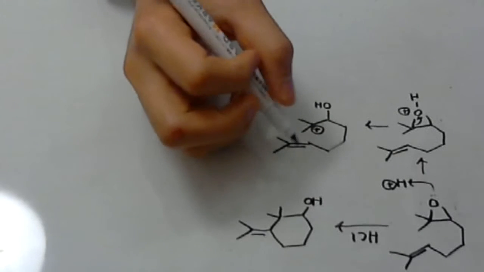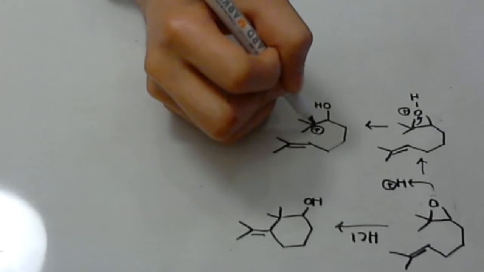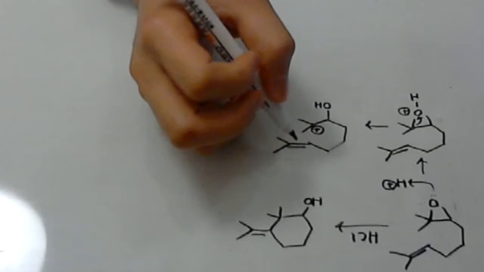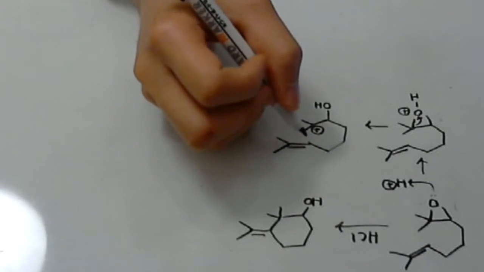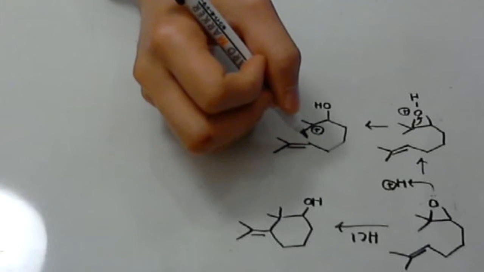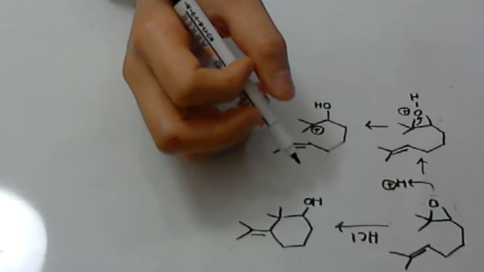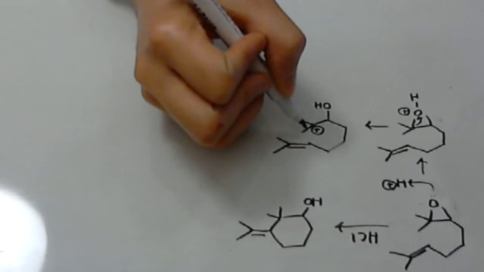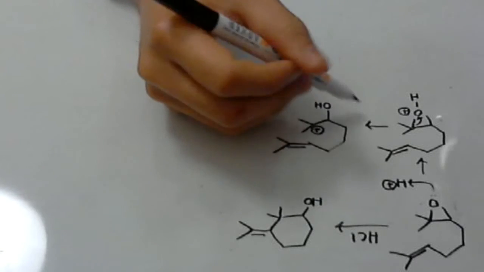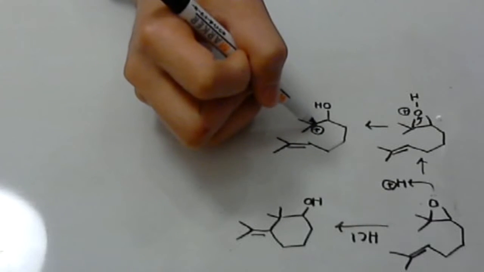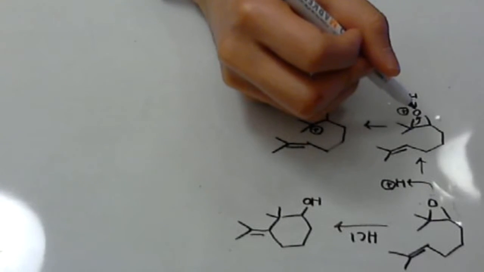Okay, so now we have a positive charge and we want to get rid of it, right? Well, how do you get rid of a positive charge? You need a nucleophile, right? So what nucleophiles do we have? Well, the only nucleophile that we have in this structure, besides the one that's next to it, is this OH group, but if we use the OH group as a nucleophile, we're just going backwards.